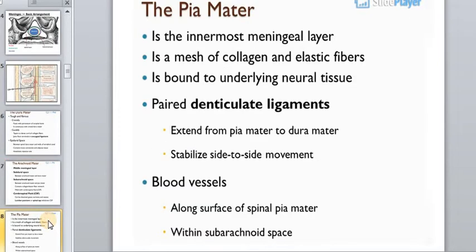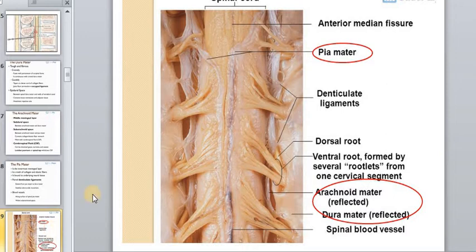And one more, the pia mater, the innermost layer, is a mix of collagen and elastic fibers, and here we see the special ligaments and a lot of blood vessels. In this slide we can see these layers of the meninges. You see them very thin, almost invisible.